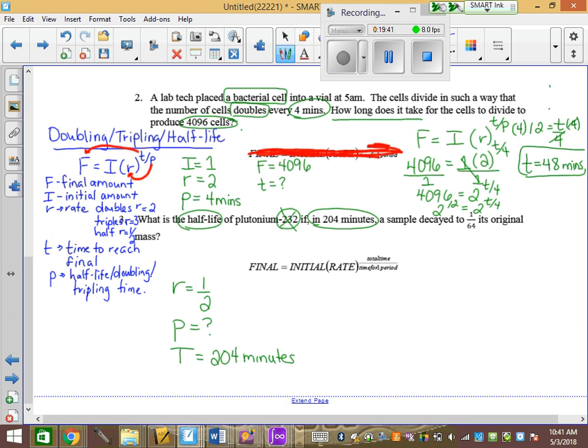So they gave me the final time. If a sample decayed to 1/64th of its original, what is my initial? You can make it be 1. You could make it be 100. You could make it be 7,342,000. You could make it be whatever you want. The easiest one to make it be is 1, because final is 1/64th of whatever you make your initial be. If I make my initial 1, my final is 1/64th.